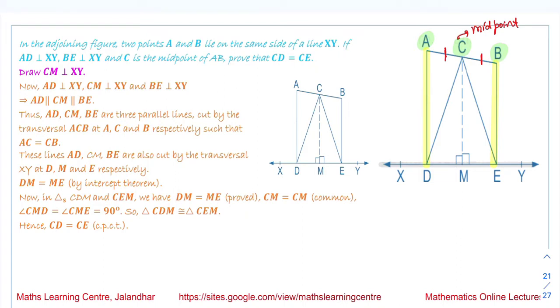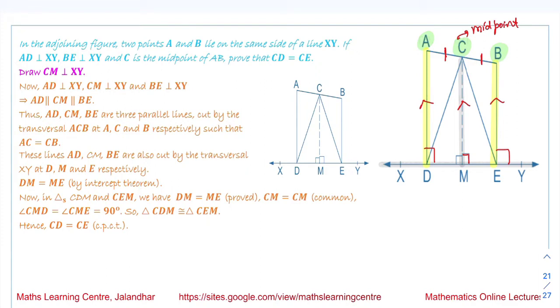So to prove this, we have done the construction, that is, we have drawn the perpendicular from point C on the line XY. This perpendicular we are talking about, CM, we have drawn. Now if we look at these three lines AD, CM and BE, all these three lines are parallel to each other, because this angle is 90 degrees, this is perpendicular, this is perpendicular.